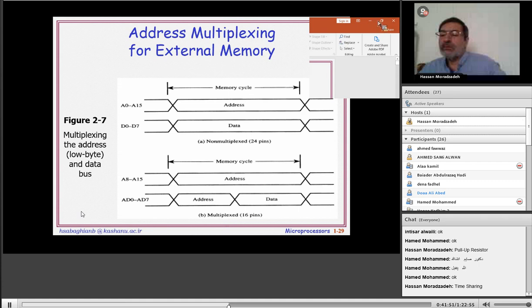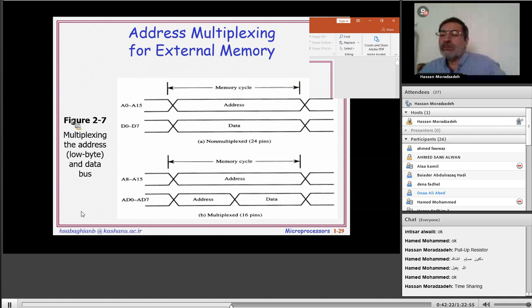In this slide we see the timing. What about address latch enable? Address latch enable is very critical for separating these two buses. Here, for example, is read timing for external code memory. One machine cycle goes from here to here.